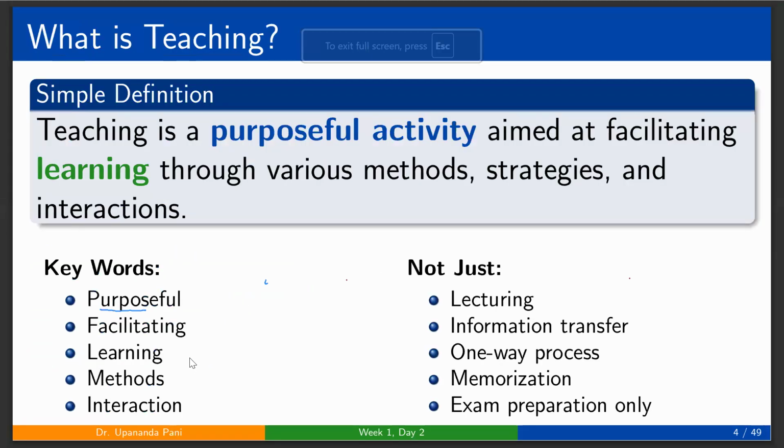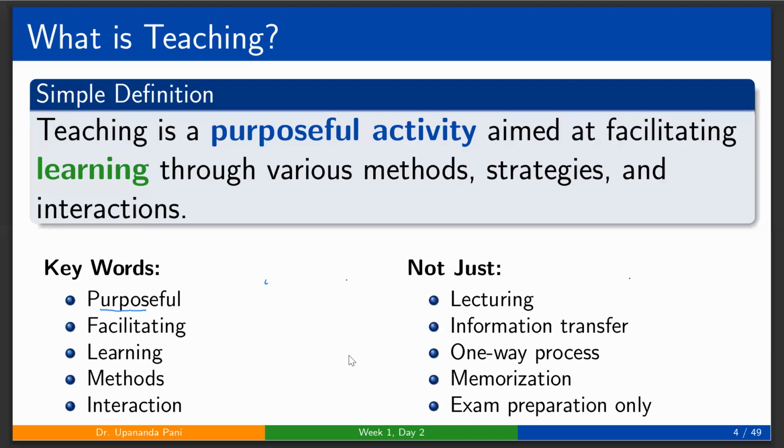So a simple definition is: teaching is a purposeful activity which is aimed at facilitating learning through various methods, strategies, and interaction. The keywords you should focus on here are purposeful, facilitating, learning, methods, and interaction. So teaching is not just lecturing, information transfer, a one-way process, or memorization or exam preparation only.